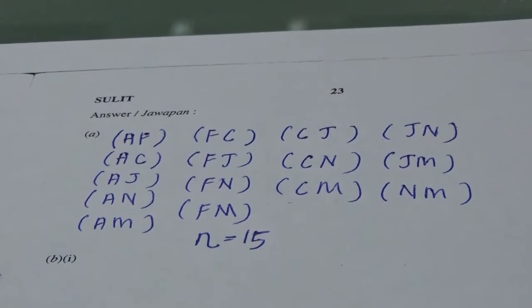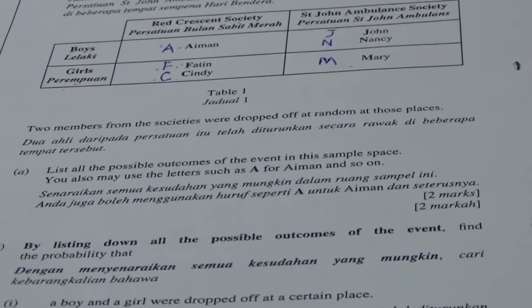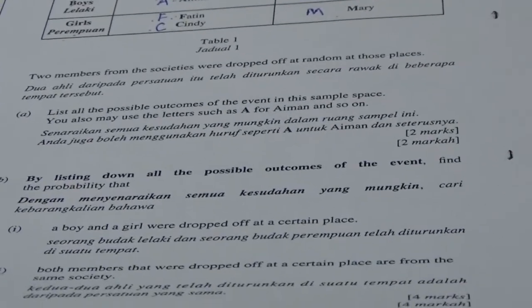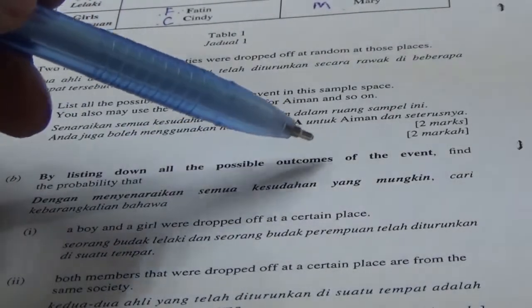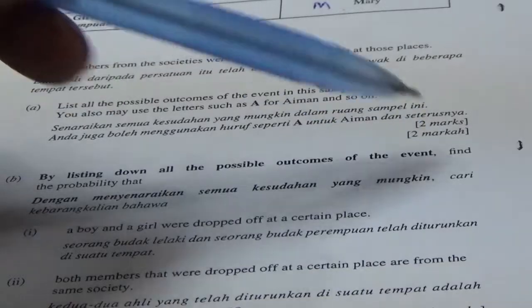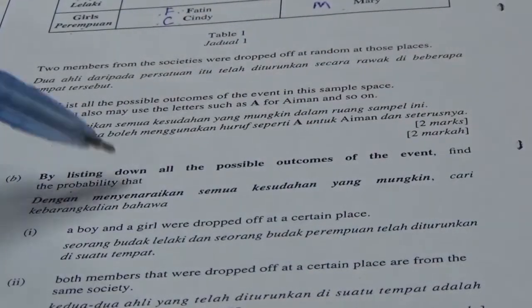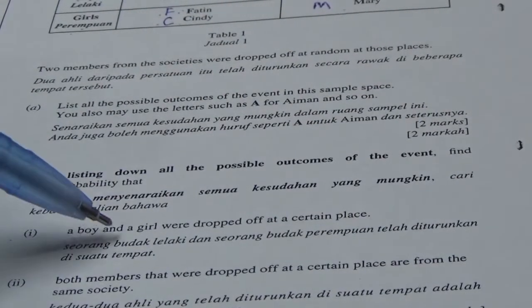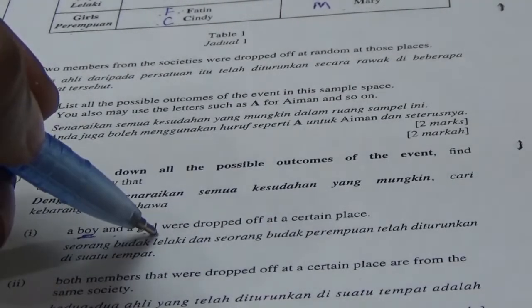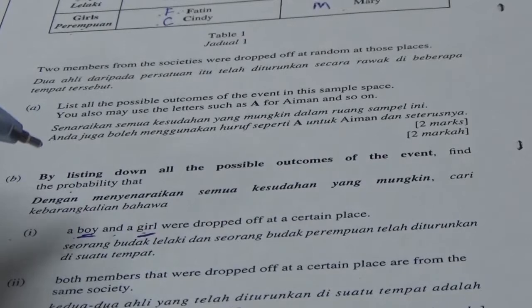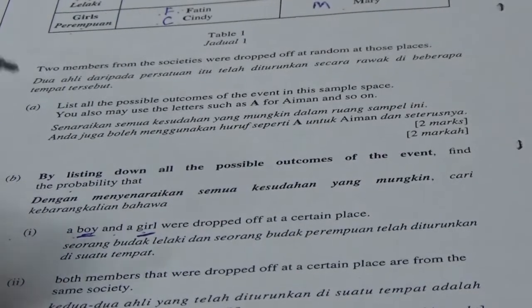Let's continue with part B now. Let's look at the question. Part B, by listing down all the possible outcomes of the event, find the probability that 1, a boy and a girl, meaning you must pick 1 boy and 1 girl. So in your choice, it cannot be 2 boys or 2 girls.